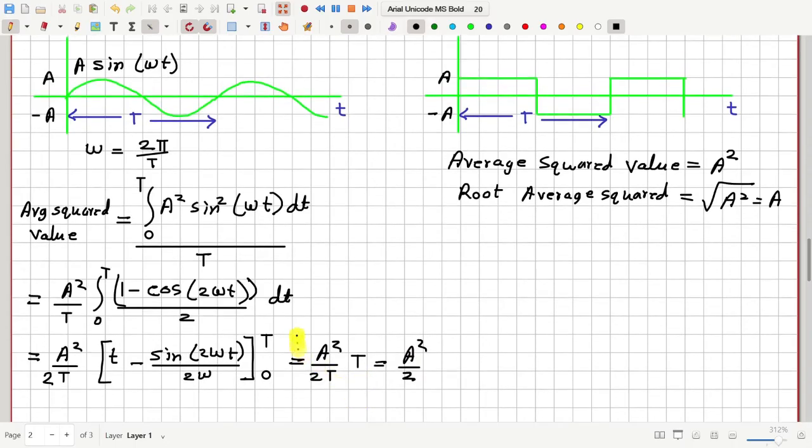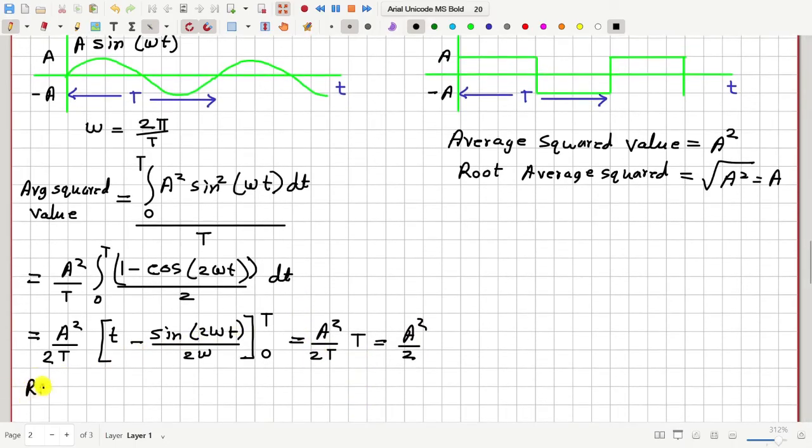So the RMS value will be the square root of this quantity, the average squared value. So that will be A by root 2.